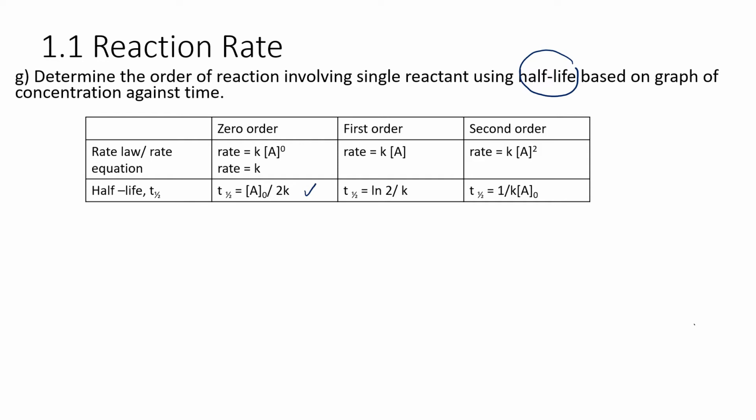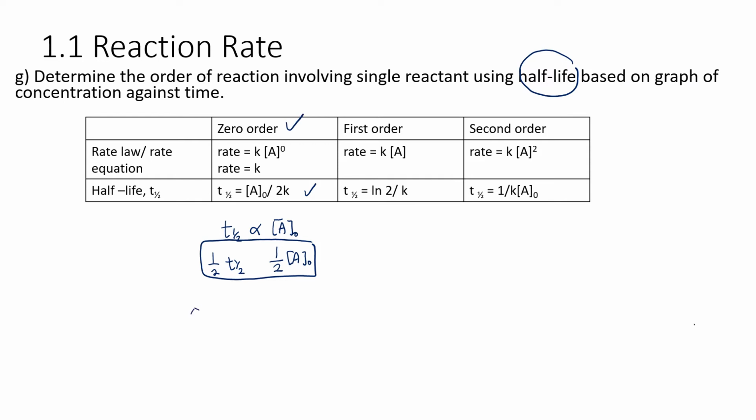From this formula, we can see that the half-life for a zero order reaction is directly proportional to its initial concentration. So when the initial concentration is halved, the half-life value will also be halved. This is the feature for zero order reaction.